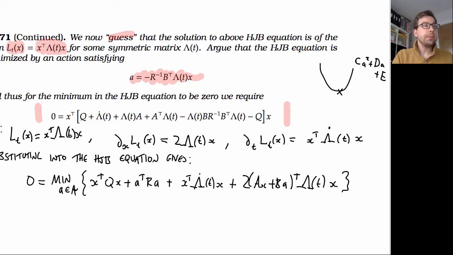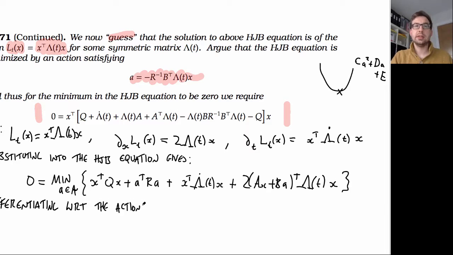So differentiating with respect to the actions a, we get, just like before, where we got 2 lambda x and differentiated here, we're going to get 2Ra here.